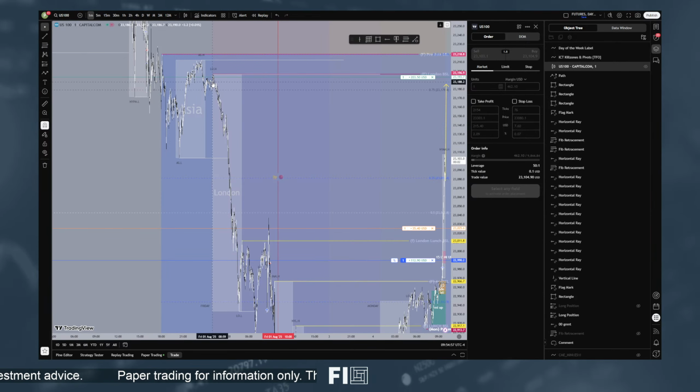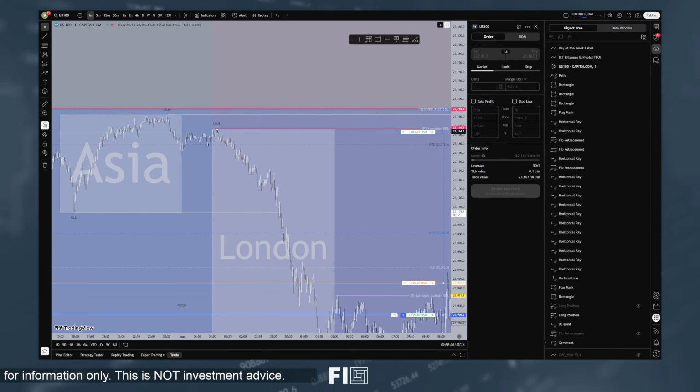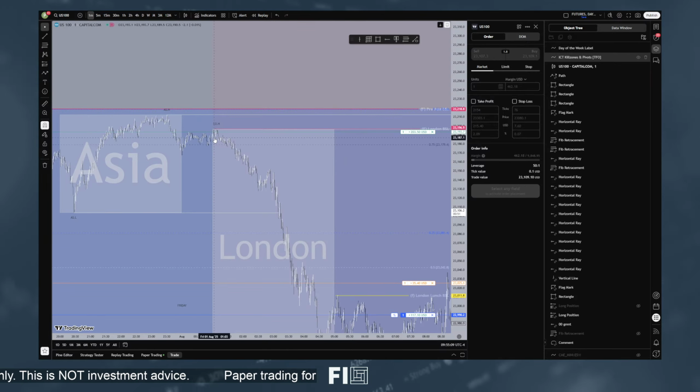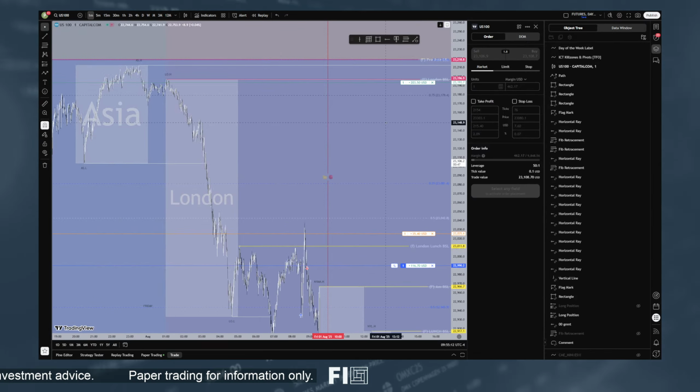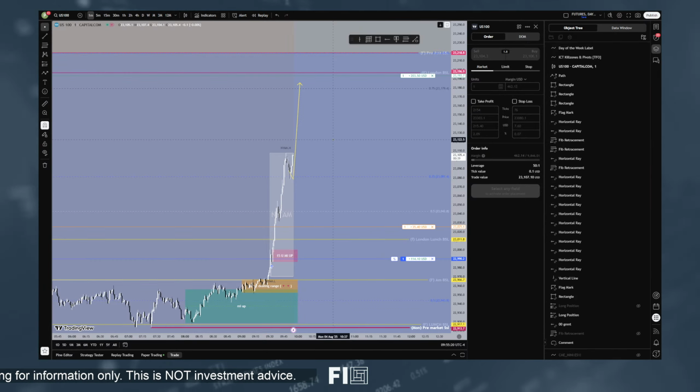That high was formed on Friday at midnight. No, hang on, I'm not seeing this right. Yeah, around 1 a.m. Really?